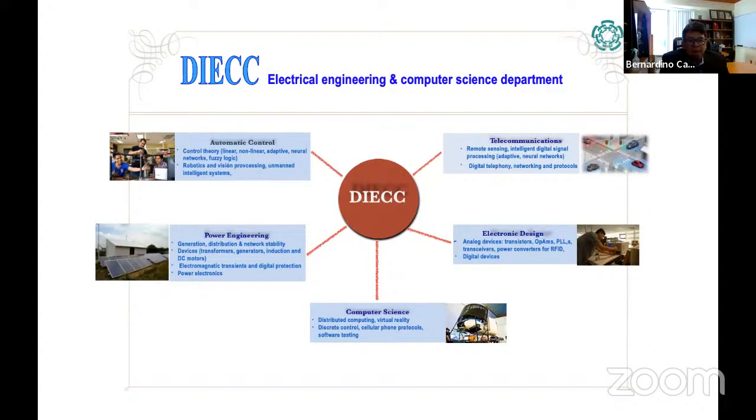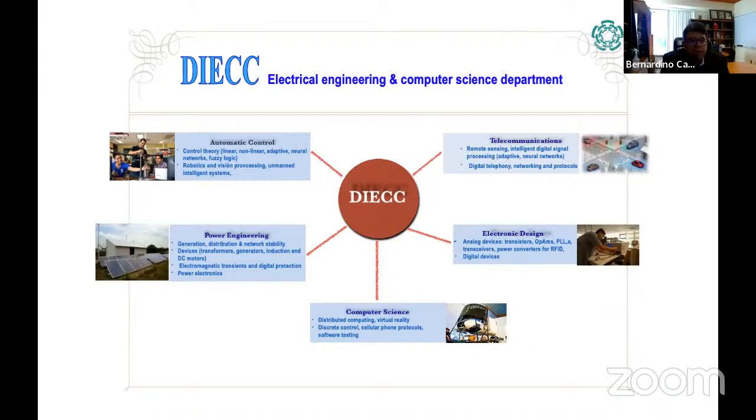We have 5 areas here, starting with the automatic control group, in which we perform control theory, linear, nonlinear, adaptive, neural networks, fuzzy logic, robotics, vision processing, drones, and other disciplines.